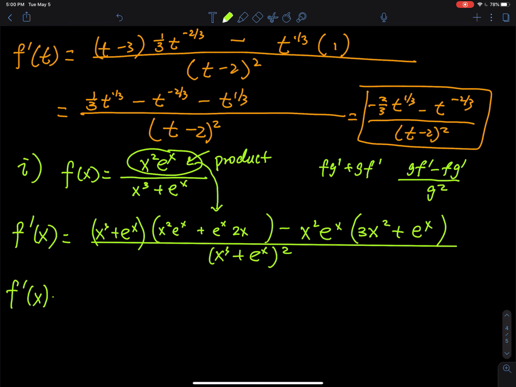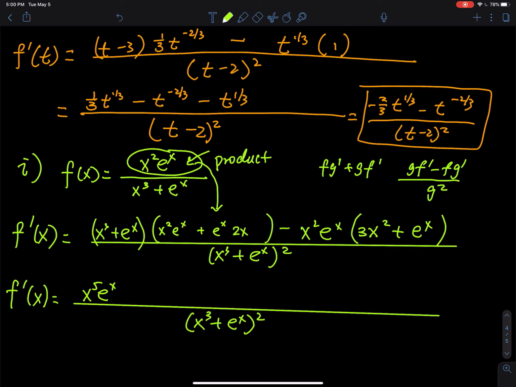F prime of x equals x to the third plus e to the x, squared. And then this we have 3 plus 2 is 5, right? So we have x to the fifth e to the x, and then plus 2x to the fourth e to the x, and then plus x squared e to the x plus x, that is 2x, and then plus 2x e to the 2x.